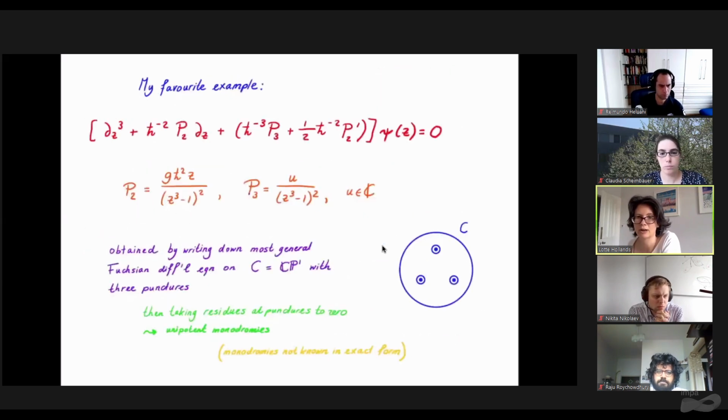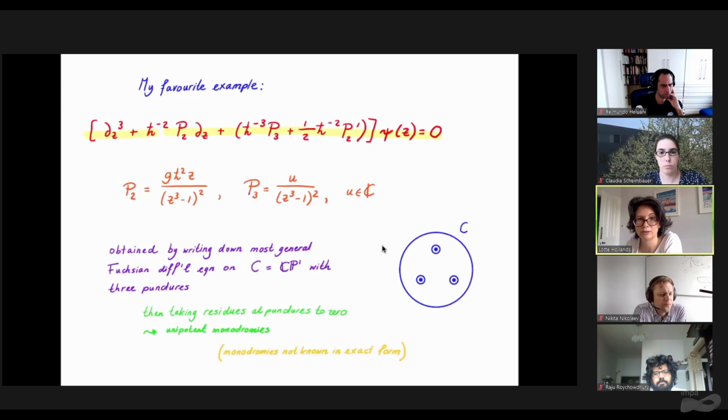So my favorite example of a higher rank equation is the T3 equation, as it's given here. This equation is a linear differential equation of order 3.